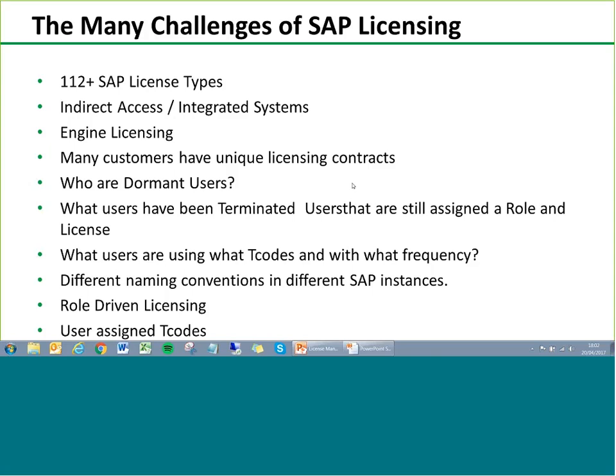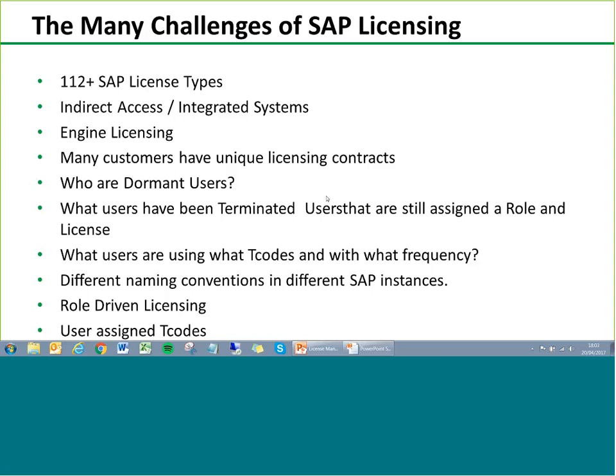There's indirect access licensing, engine licensing, and then to add to all of that, many customers have very unique licensing contracts. So during the negotiation for licenses with SAP, they identified some set of uniquenesses that SAP agreed to. So all of that makes for a very complex both license management and license audit challenge for you.